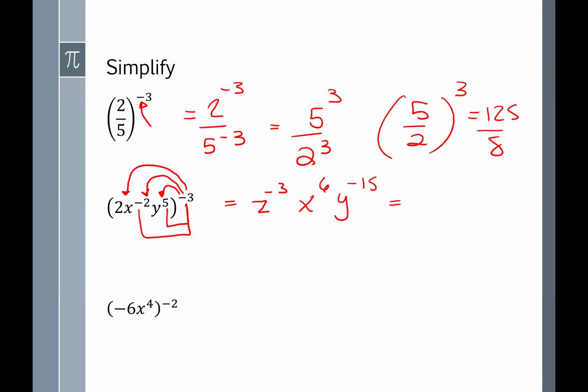And depending on how your math lab wants the answer, that may be fine. But by definition, 2 to the -3 means reciprocal. So that's 1 over 2 cubed, x to the 6th times 1 over y to the 15th. Is that x to the 6th over 8 y to the 15th?